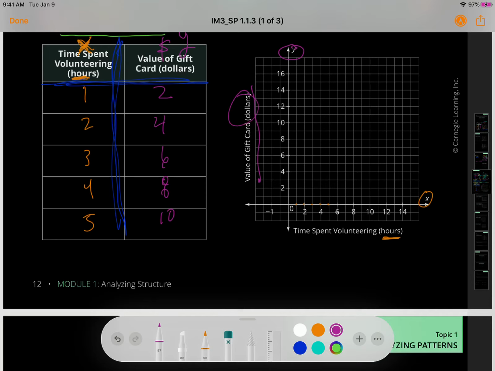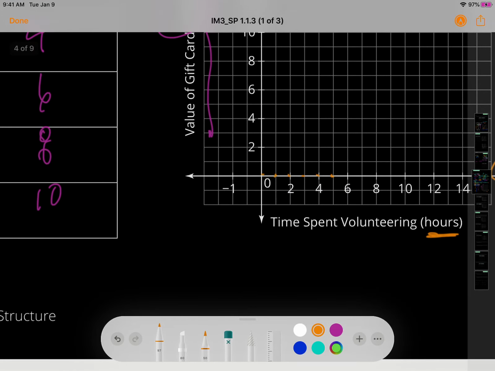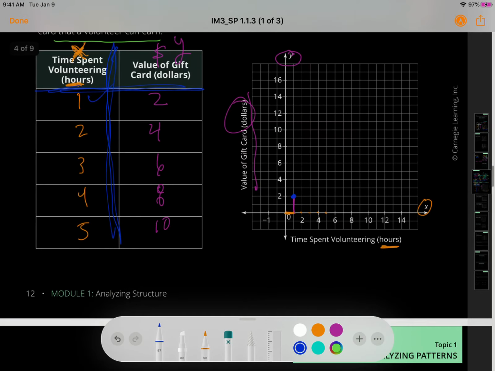We talked about that, right? So let's just graph these ordered pairs. Right 1, up 2. And in blue, I'll put the coordinate. Then the next one: 2, 4.